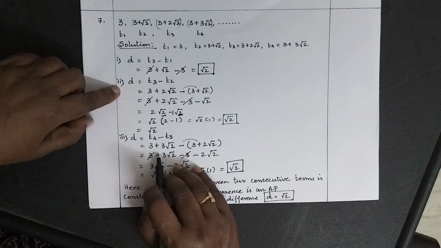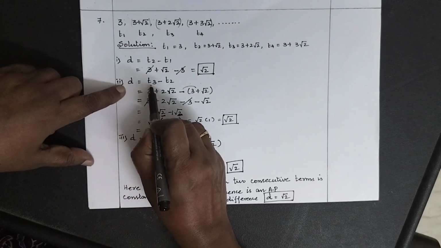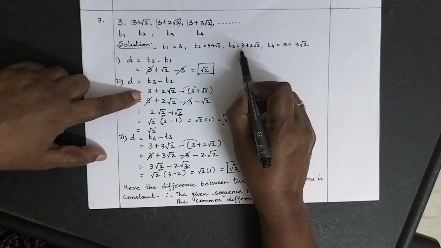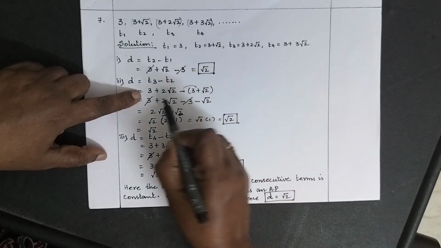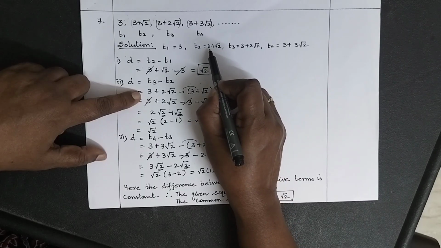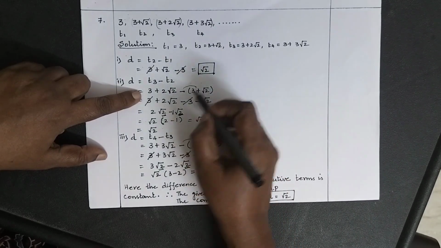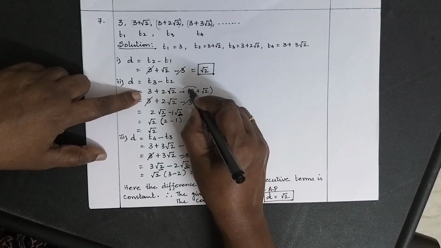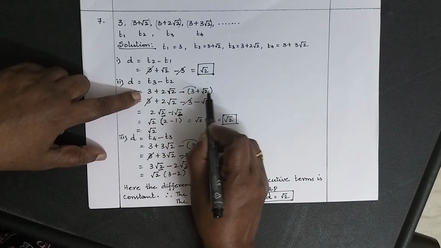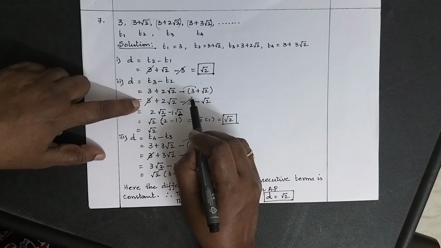In the second case, D is equal to T3 minus T2. What is T3? T3 is 3 plus 2 root 2, minus T2, which is 3 plus root 2. Since there are two terms, we have to put it in a bracket because this minus is there for both the terms.